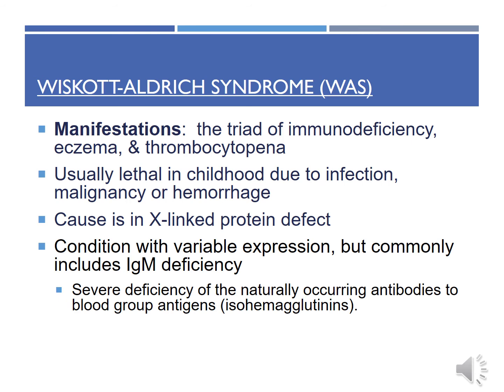As a result, patients typically display a severe deficiency of the naturally occurring IgM antibodies to ABO blood groups, or isohemagglutinins. This is pretty much diagnostic of this disease. The low levels of IgM are an excellent characteristic of this disease, because typically the patients will have normal IgG and maybe slightly increased levels of IgE, but their IgM levels are markedly decreased.